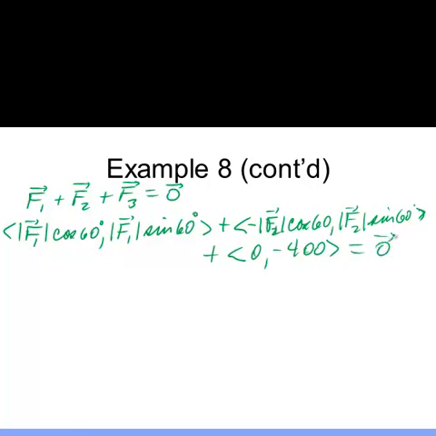All right, so you add up the x components. You have magnitude f sub 1 cosine 60 degrees, that's this guy right up here, plus this x component minus magnitude f sub 2 cosine 60 degrees equals 0.